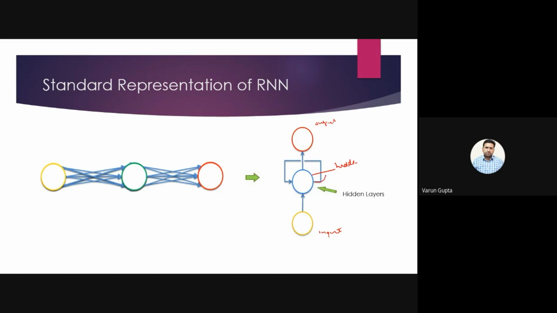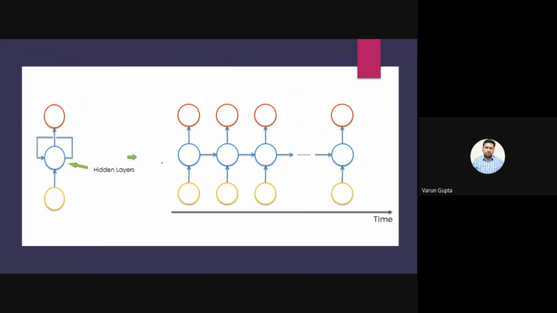It's a time series, and they are interconnected. Suppose I have the input "I live in Chandigarh," and all text is like that. This is my input x1, this is my hidden layer, and this is my output layer.